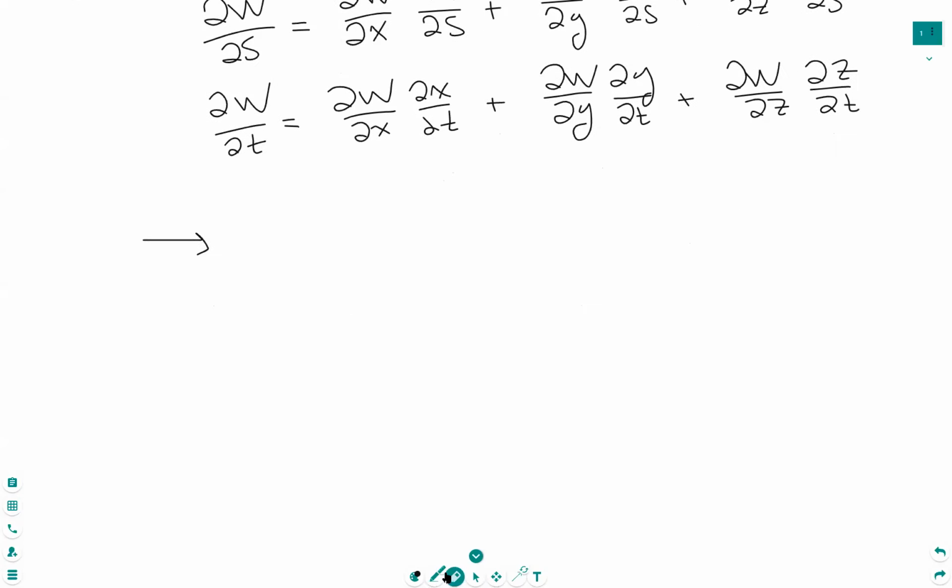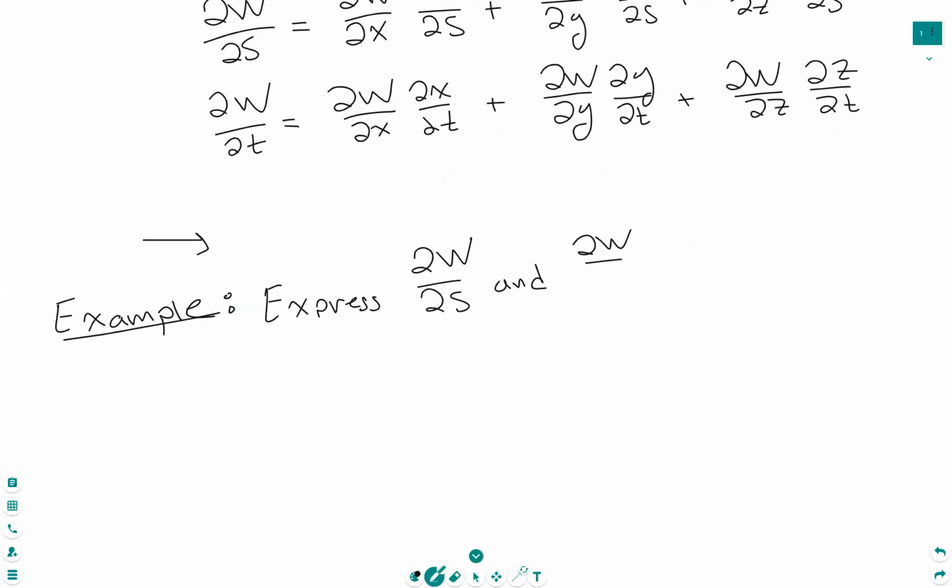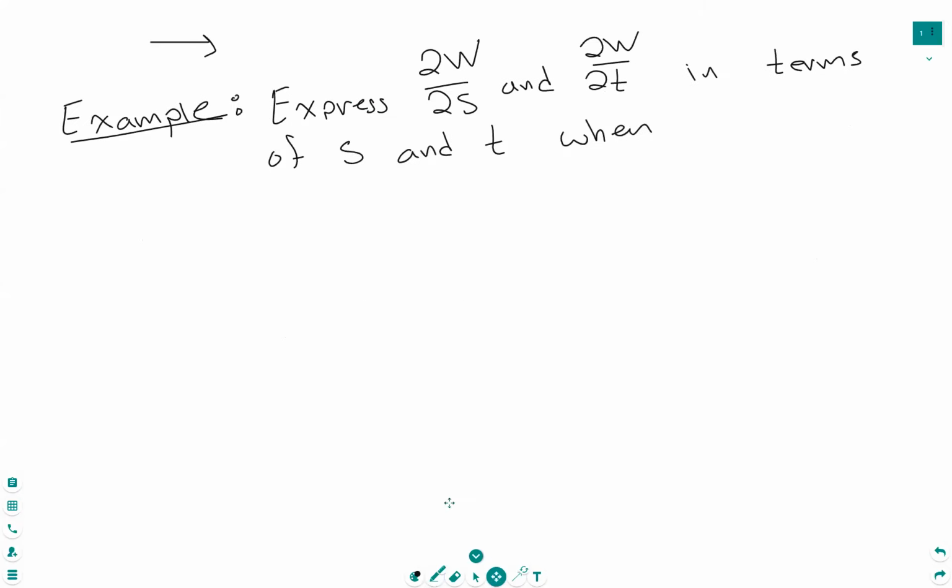Okay, so let's do an example. So we're going to express partial w, partial s, and partial w, partial t in terms of s and t when we have that w is equal to x plus 2y plus z squared.